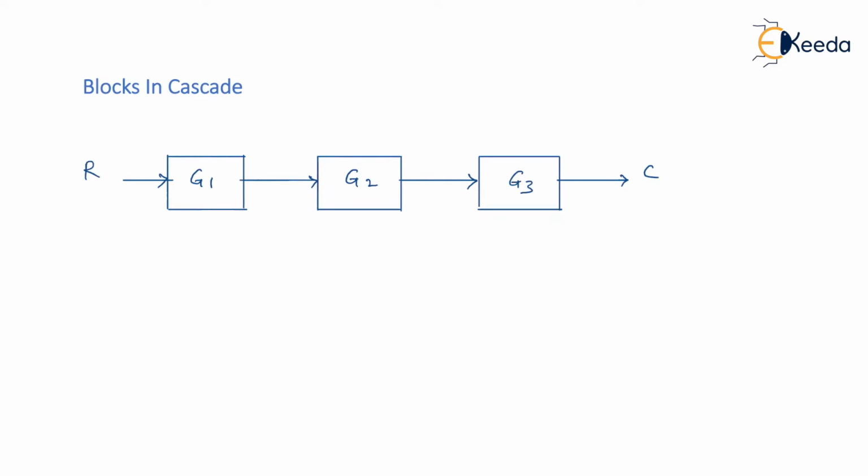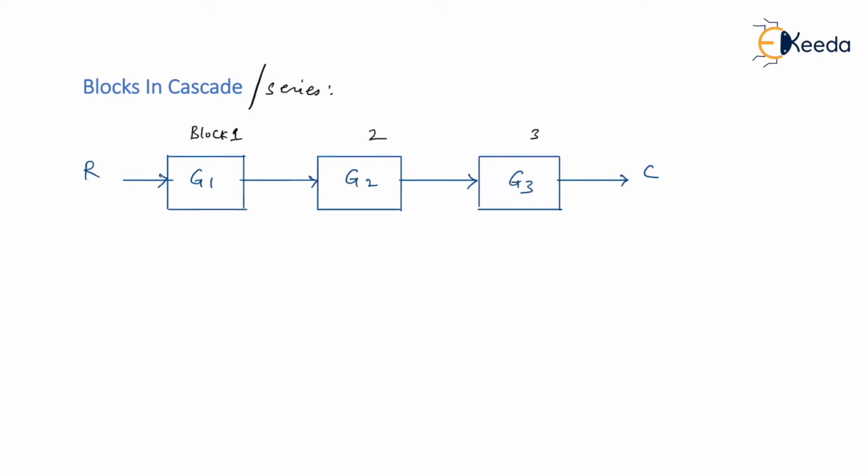Look at the very first rule. It says blocks connected in cascade. Sometimes it is referred to as series connection also. This is block number 1, this is block number 2, and this is block number 3. In every block, whatever is written is called the transfer function.